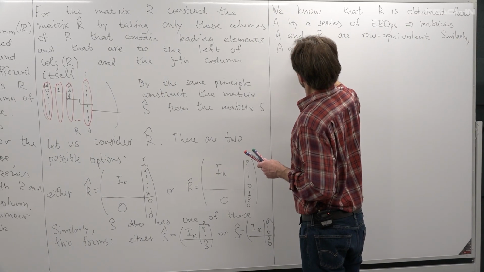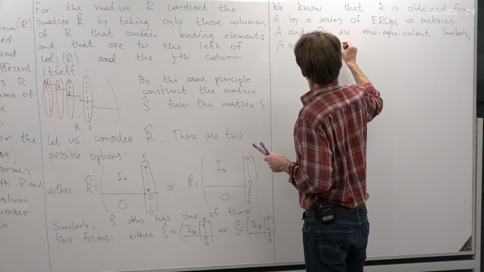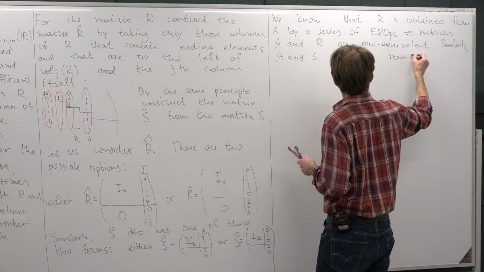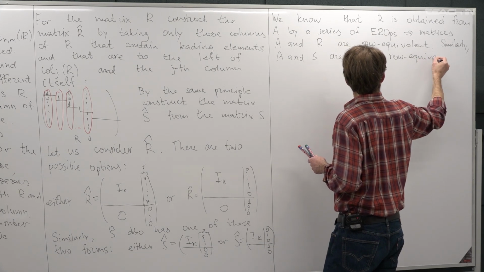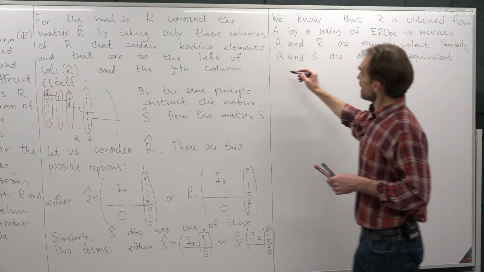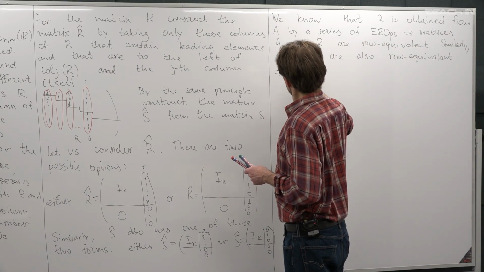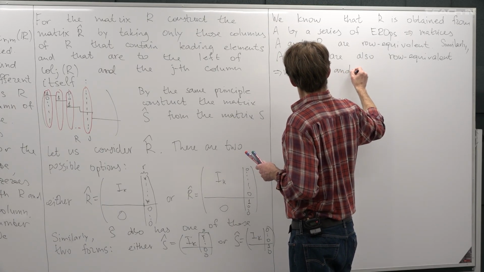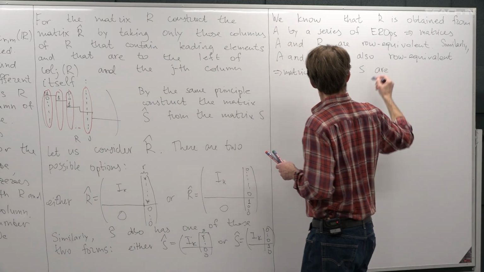Similarly, A and S are also row equivalent. And that's why matrices R and S are row equivalent.